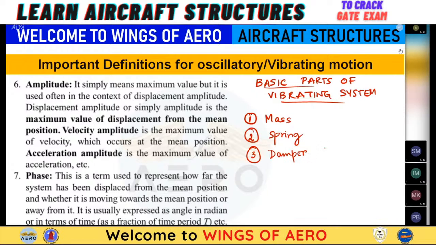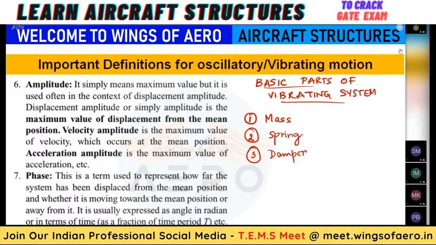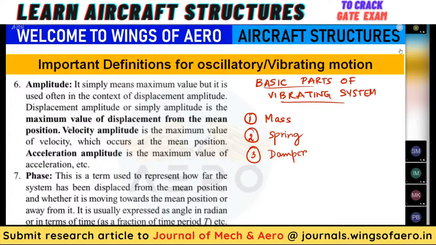Now there are huge derivations for the equation of motion of such a vibrating system. Again, we are not focusing on the derivation, but the equation of motion is very, very important.